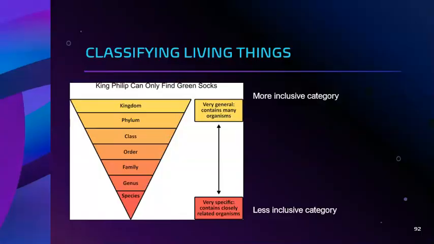Whenever we're classifying living things, if you need to remember the order that we are classifying them in, from most general, meaning most inclusive, so the majority of things are in this, and then it gets more and more specific and more exclusive as we go down to species, they use this: King Philip can only find green socks.